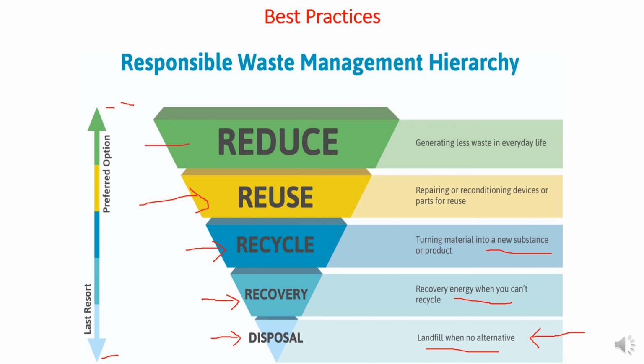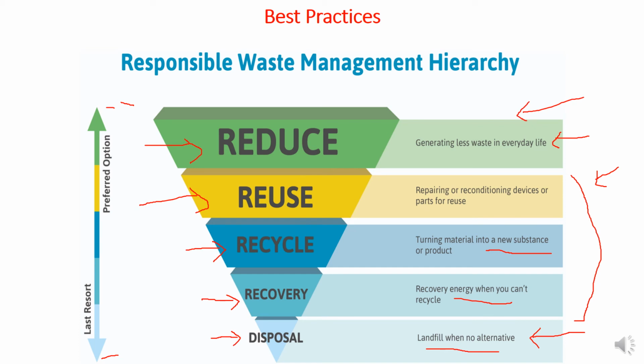The top or the best one is reduce. So generating less waste in everyday life. Although for the others we need some special technology to produce, reuse, recycle or recover from the waste product, everybody can do this without any technology.